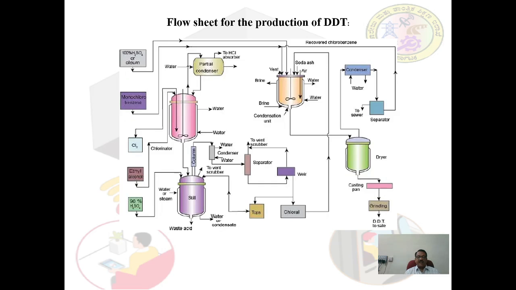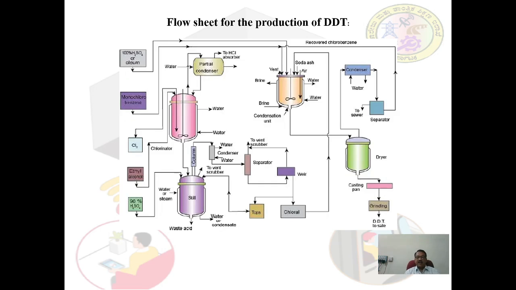This chloral is then taken out, condensed in the water cooled condenser, separated and collected as the product.